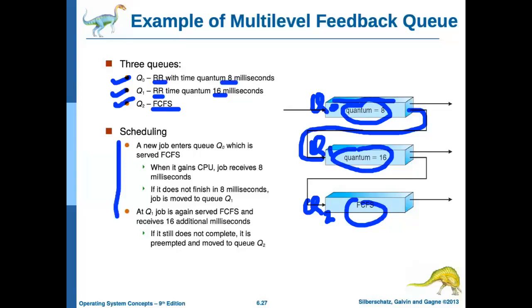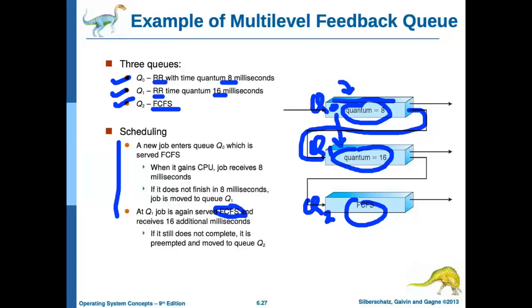If it does not finish in 8, the job is moved to Q1. So the job from this queue will be moved to the next queue.